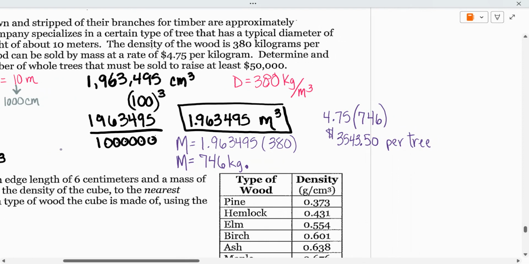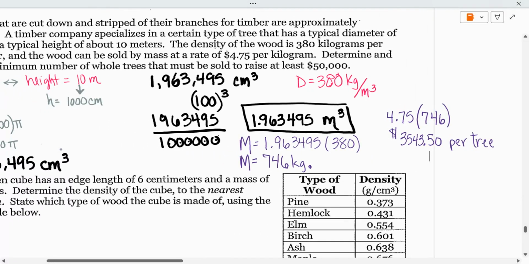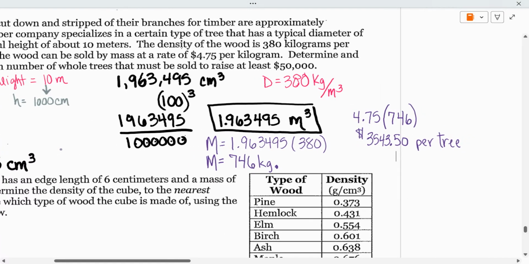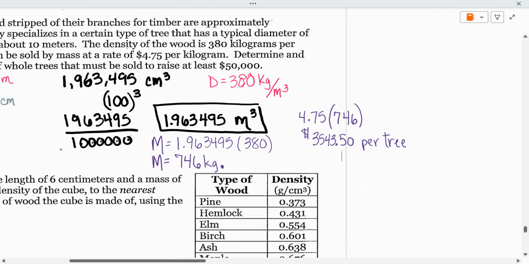Okay. So the question is, how many trees must be sold to raise at least $50,000? So if I make $3,543.50 per tree, and I need at least, that's greater than or equal to $50,000, how many trees do I need to raise?